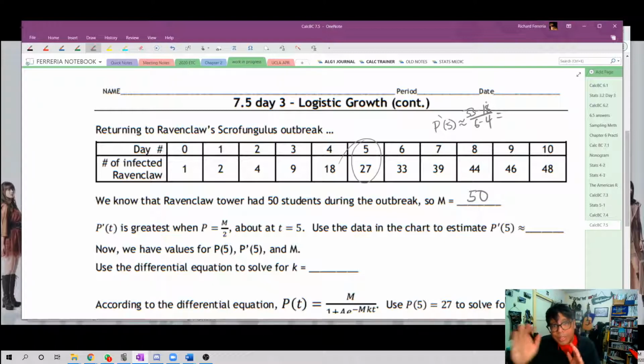We're using 6 and 4 because those are kind of sandwiching that 5. So 33 minus 18 over 6 minus 4. Okay, so p prime of 5 is about equal to 7.5, estimated. We have values of p(5), we have values of p prime of 5, and we have m.